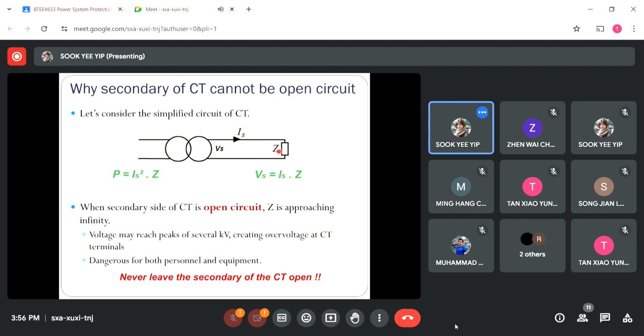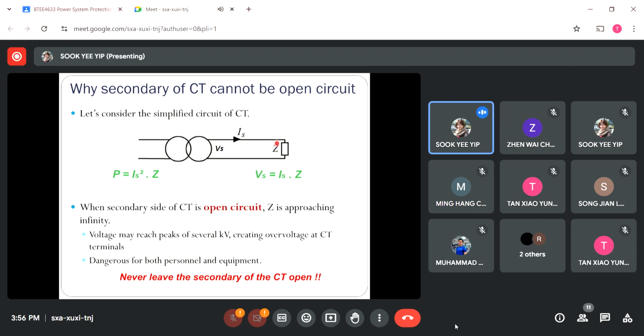That's how it turns into a step-up voltage transformer instead. So if you open the circuit here, it can create dangerous situations for both the equipment itself, which is the current transformer, and personnel.